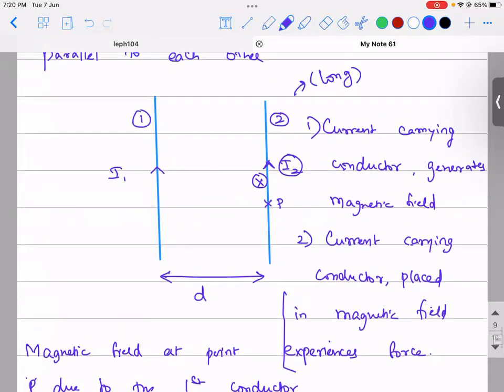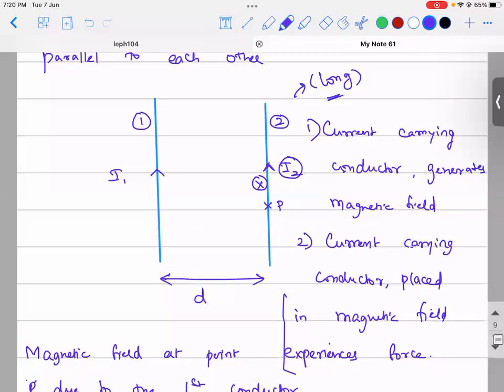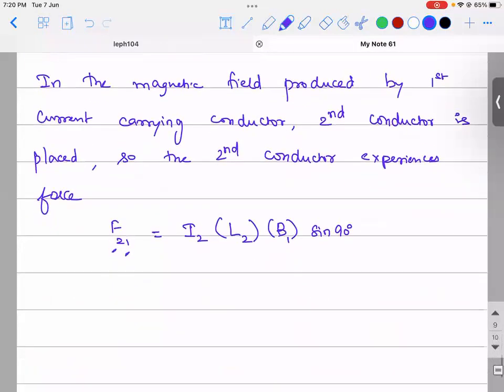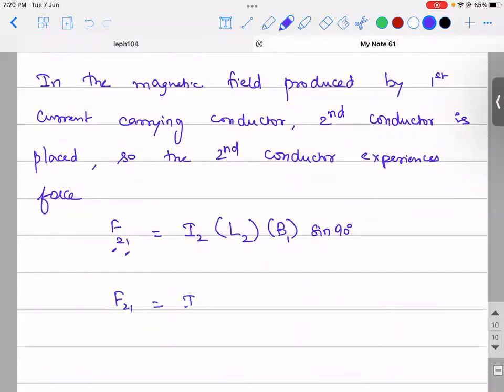But if you observe, in the beginning I told you that the conductors we are considering are long conductors, so you cannot measure their length. So if you take the length of this conductor to be capital L, then F21 will be equal to I2 into capital L into the value of B1, which is mu naught I1 divided by 2 pi d.